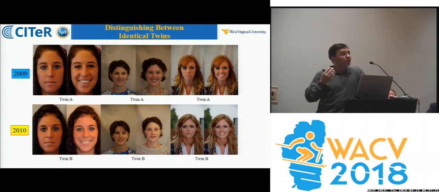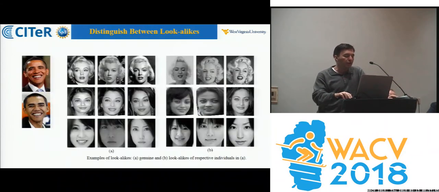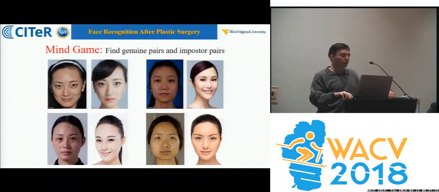Now imagine your face recognition algorithm should be extremely good to distinguish between two identical twins. If you can do that, then obviously you can distinguish between different people. So that's a good test even for the face recognition algorithms that companies develop. A similar problem exists, for example, in lookalikes. How can we distinguish between lookalikes and so on?